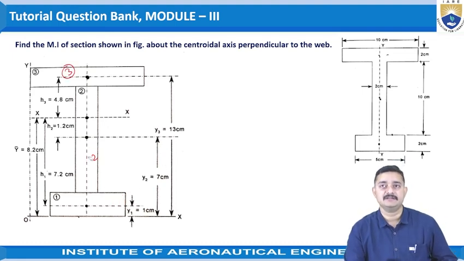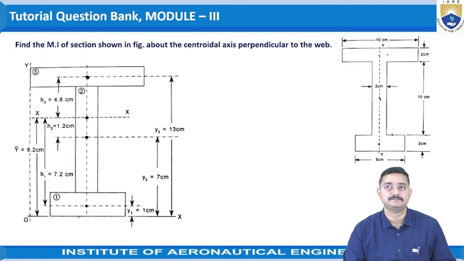As shown here, we divide the lamina into 3 parts, and the identification of the centroid for this total lamina has been done previously.